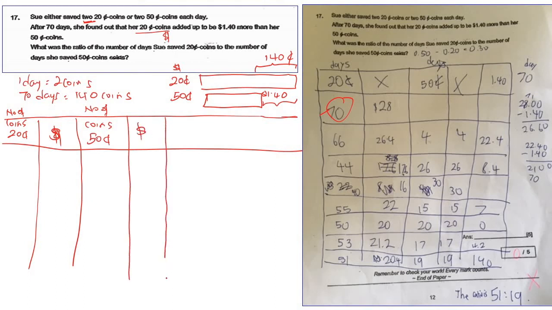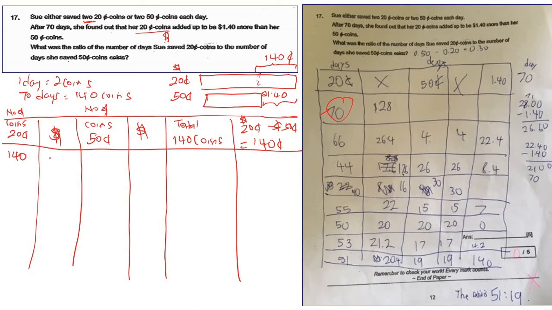And then I know that I must have a total of 140 coins. And the difference in the value of money for 20 cent minus 50 cent must equal 140 cents. Okay, so I take all 140 as 20 cent because I know it has more value.